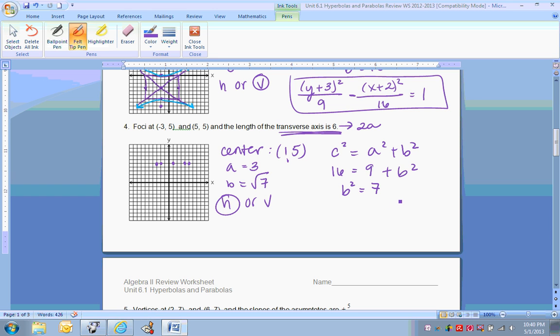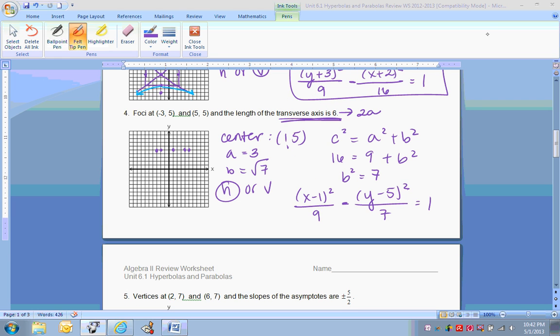Now, I know that this is horizontal, so my x term comes first. So it's (x minus 1) squared over A squared, which is 9, minus (y minus 5) squared over B squared, which is 7, equals 1. The square root of 7 is approximately 2.65.